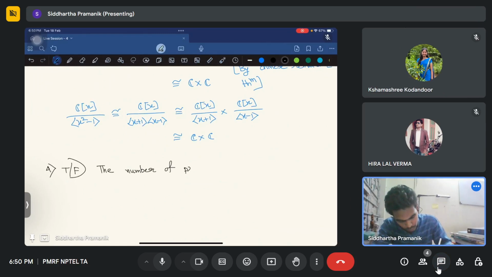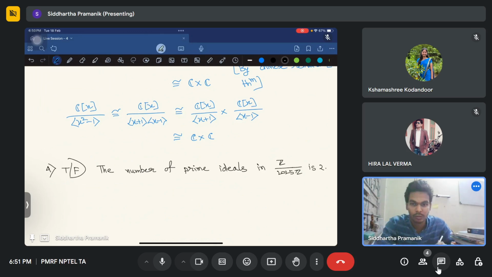The number of prime ideals in Z mod 2025 Z is 2. So are you talking about this one or something else?